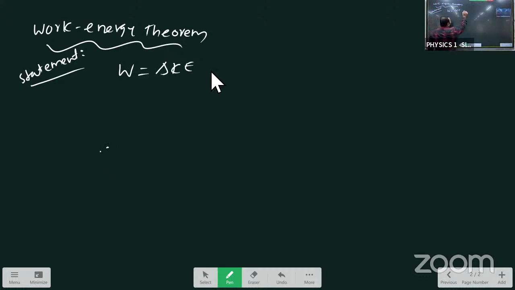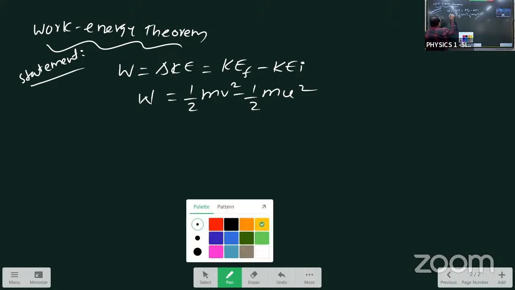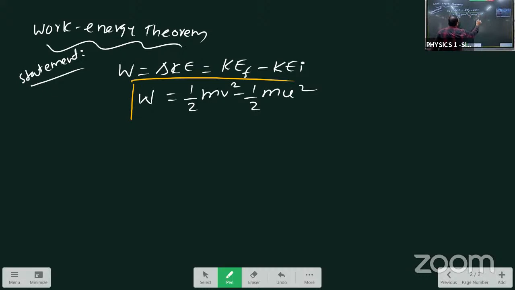Delta KE indicates kinetic energy final minus kinetic energy initial. Kinetic energy final means half mv square. Kinetic energy initial means half mu square. Overall, we write capital W equals half mv square minus half mu square. Work always equals the change in kinetic energy. This is the statement of the work energy theorem.